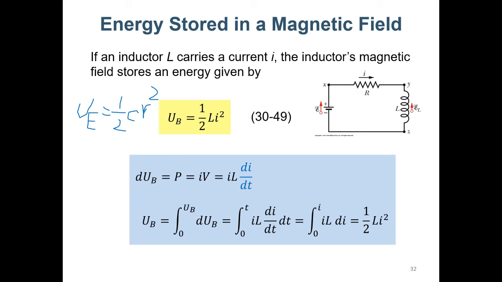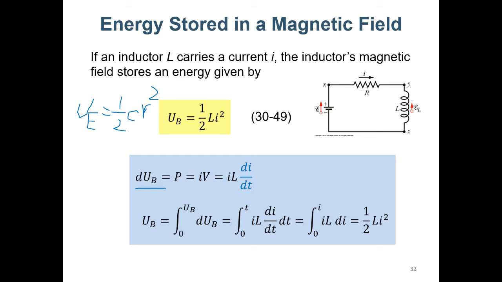So the derivation is similar. We have dUB, which is P times dt, which is IV, and actually V is L di/dt.